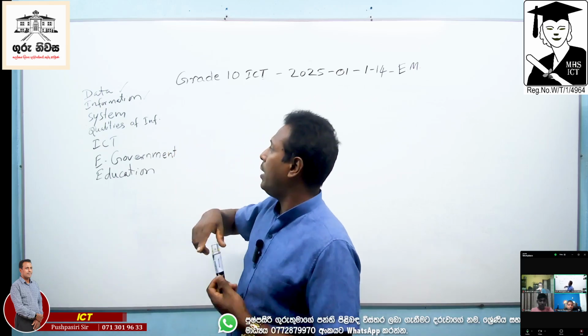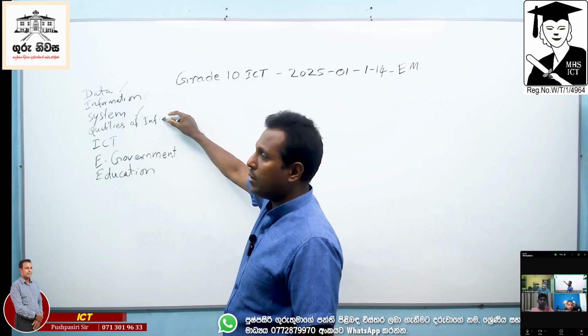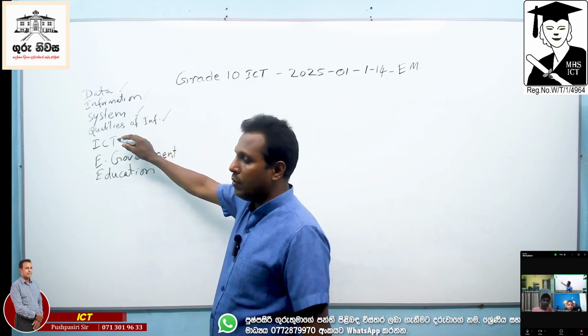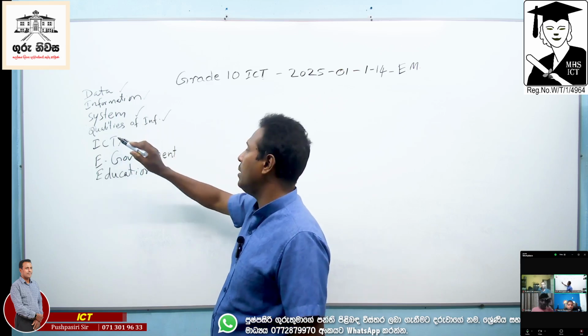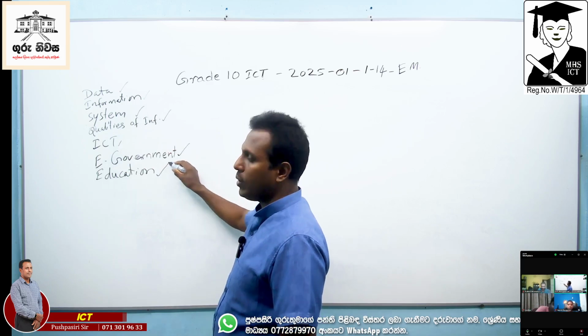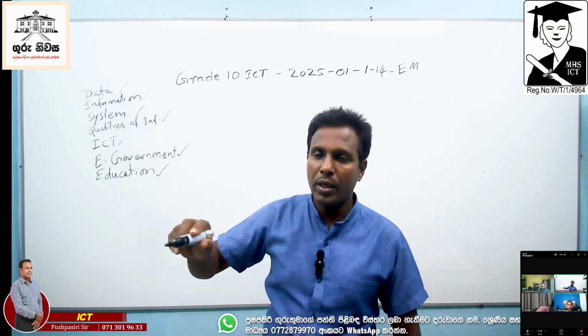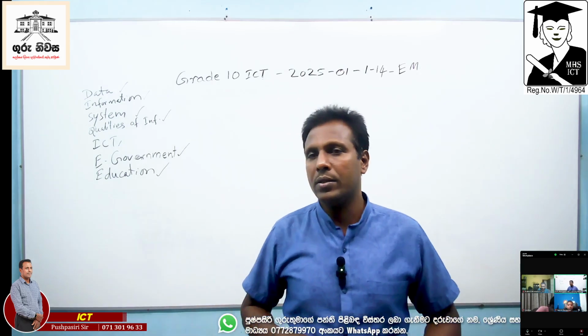And then we studied what is a system and the qualities of information, then what is IT and ICT, and then e-government and education. So the rest of that we will learn in the next lesson. Okay, we will discuss it next time.